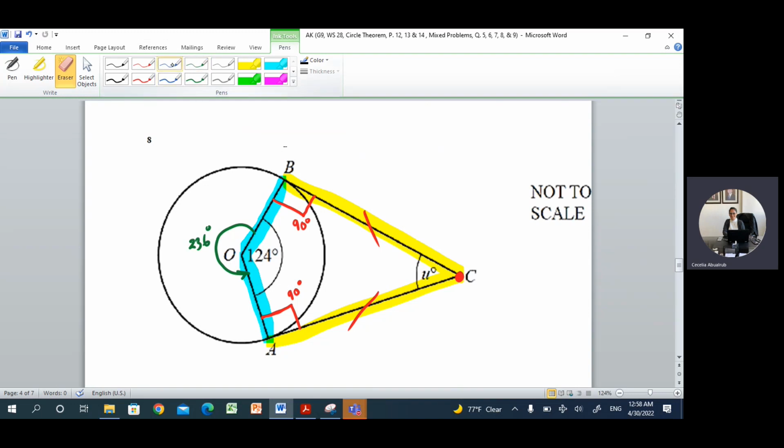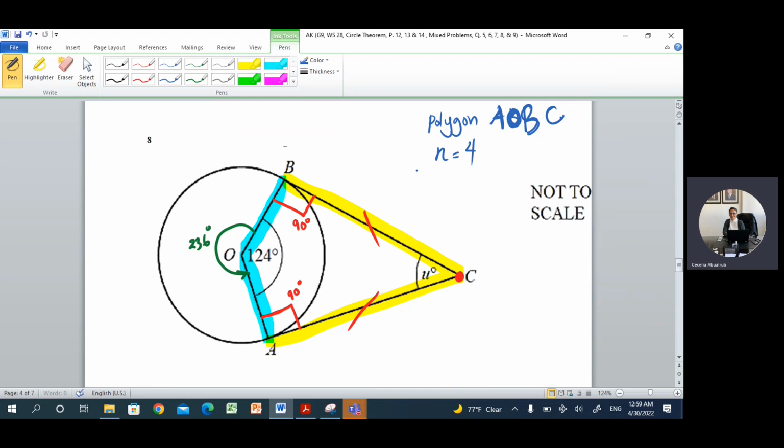So we're going to say polygon and name it A, O, B, C. This is the naming of the polygon. Okay, how many sides? The number of sides is 1, 2, 3, 4. So we have 4 sides.